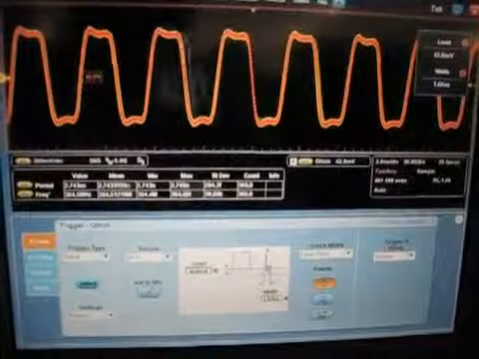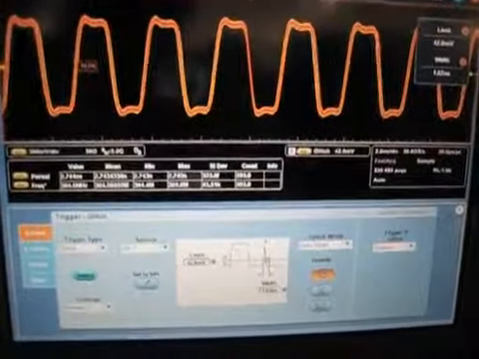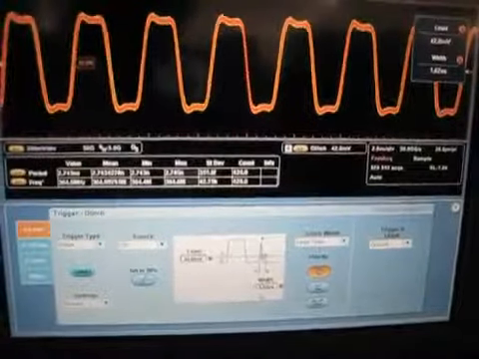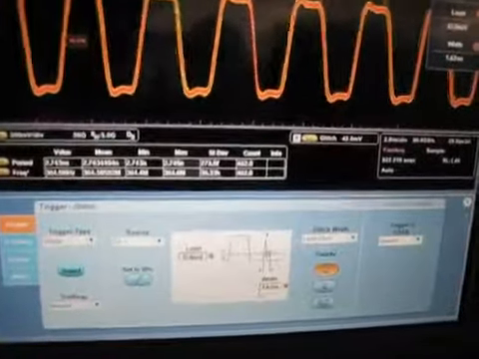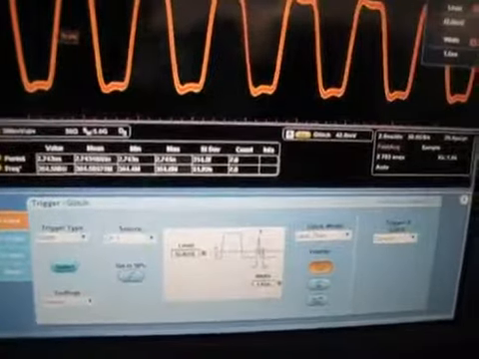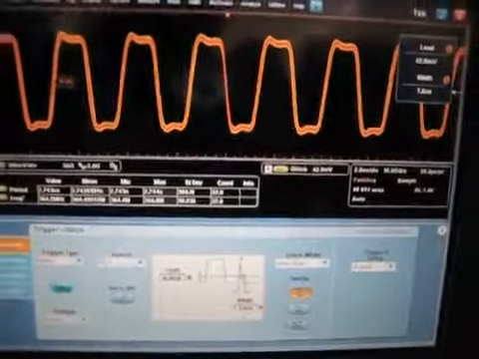Let's change the glitch pulse width. That means any signal whose pulse width is less than this range, we will trigger on.